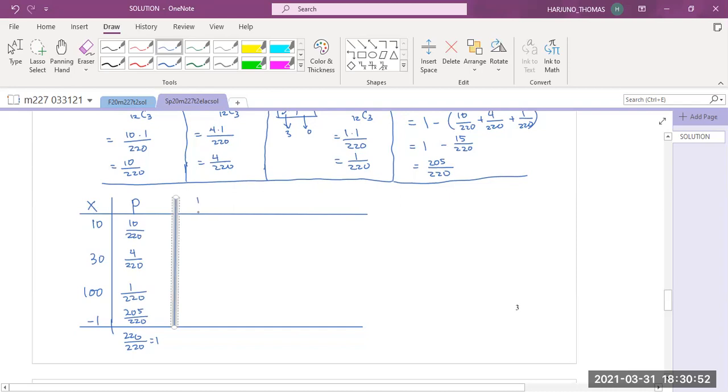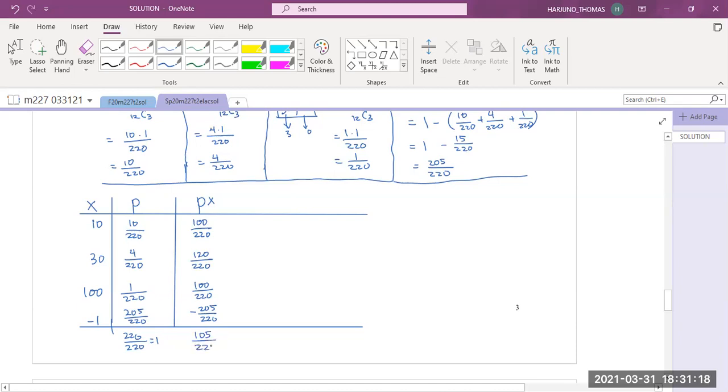Now then the first extension, x times p(x), that's 100 over 220, 120 over 220, 100 over 220, -205 over 220. I get 105 over 220. Positive. It's still positive.